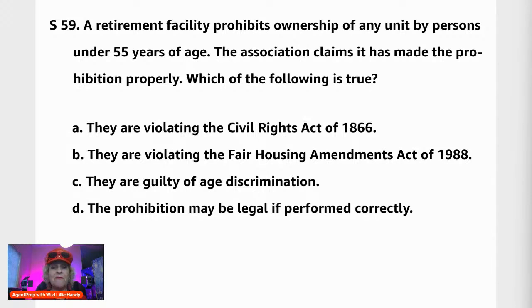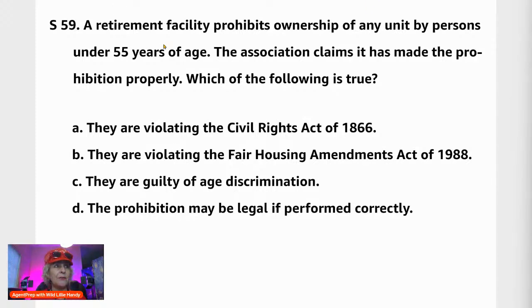So it's a 55 plus community. Did they follow the correct rules to make sure it was a 55 plus community? So the answers are A, they are violating the Civil Rights Act of 1866. B, they are violating the Fair Housing Amendments Act of 1988. C, they are guilty of age discrimination. Or D, the prohibition may be legal if performed correctly.